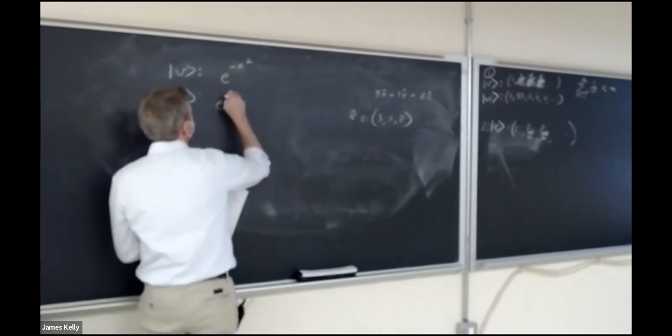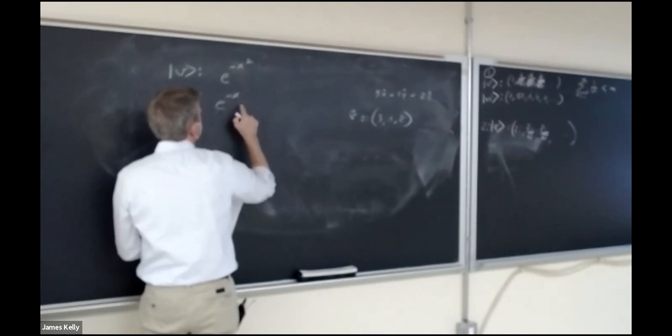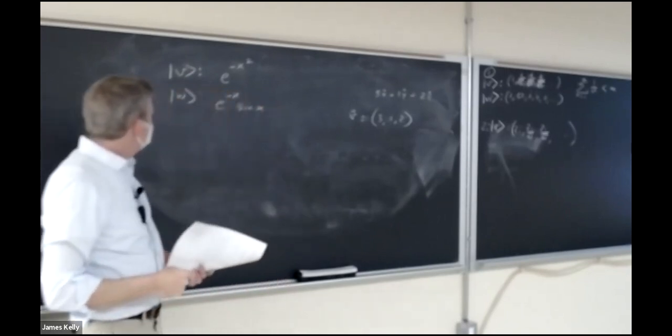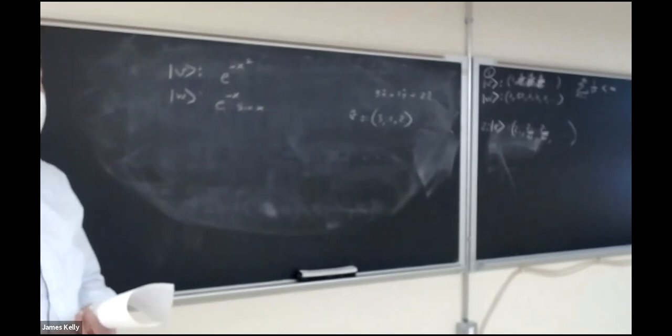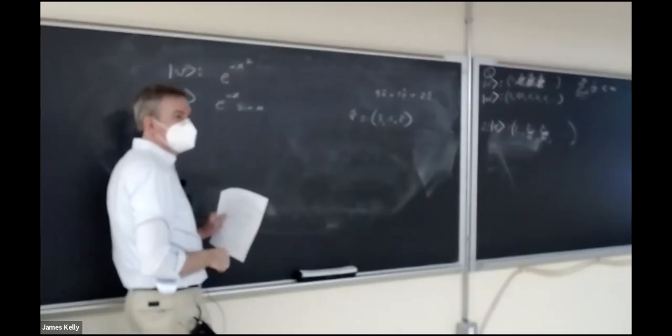Say that again. E to the what? Sine of x down here. I don't think that's square integrable from minus infinity to infinity. It certainly is from 0 to infinity. E to the negative x cosine x? I think that's still going to have problems, right?